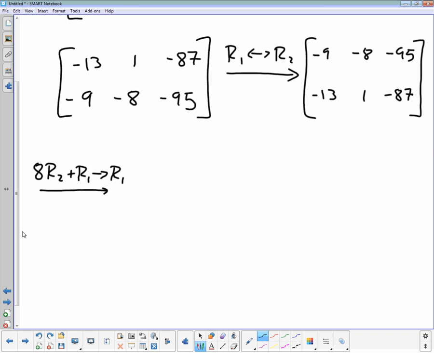Because remember what the goal is: 1, 0, 0, 1 with constants, right? My answer is to prove how I got it. Someone else could have a totally different way of getting there and still come up with the right answer.